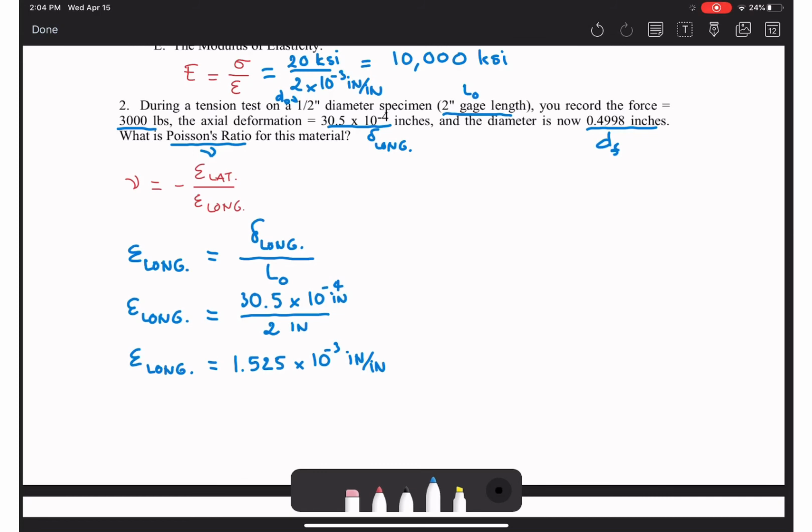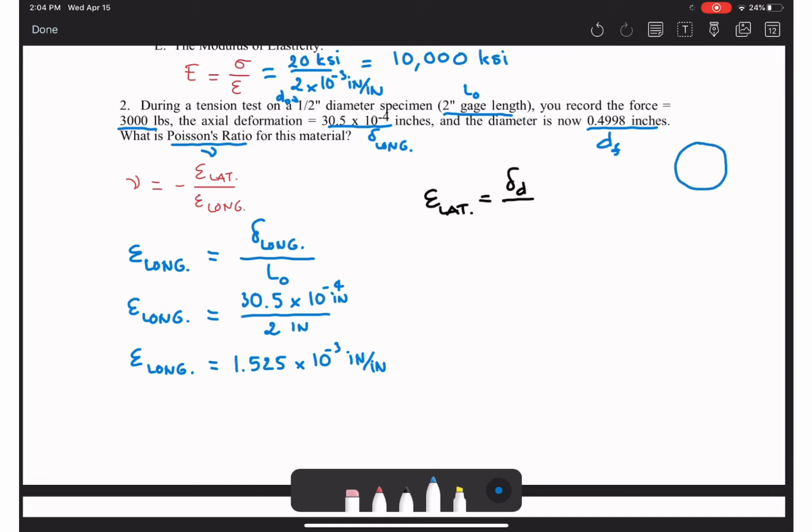So epsilon for the lateral. So basically that is the diameter. So as you can see, that is the delta of the diameter, the deformation along the lateral, in this case the diameter of the specimen, original diameter.